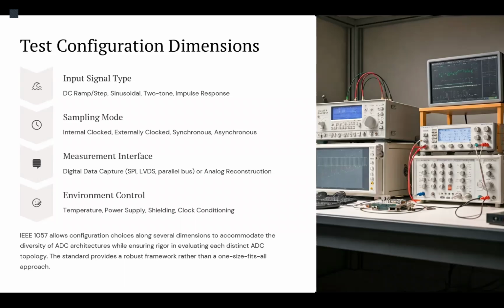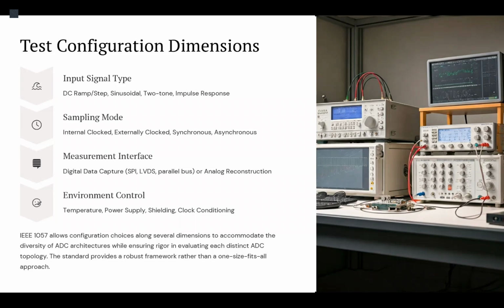An unregulated or noisy power supply can create ripples which induce distortion. EMI, or electromagnetic interference, can corrupt the signal integrity, so it creates a false nonlinearity. And clock conditions ensure that the timing reference used in sampling is clean and with low jitter. Especially in dynamic testing, it is very important.